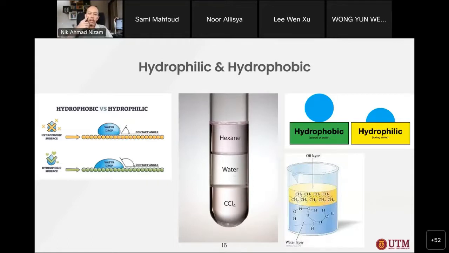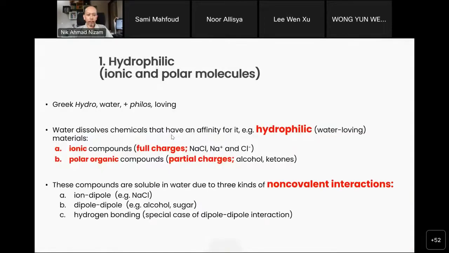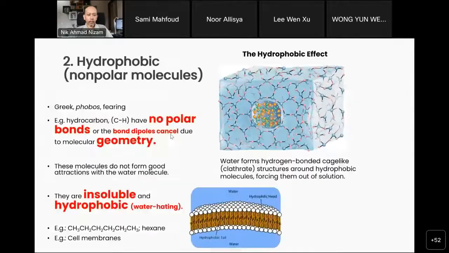It will not position together inside the water. Okay, it will have a layer, and this is one layer. This water is another layer. Okay, so examples of non-polar molecules are hexane, because it contains so many hydrocarbons here, and also the cell membrane.